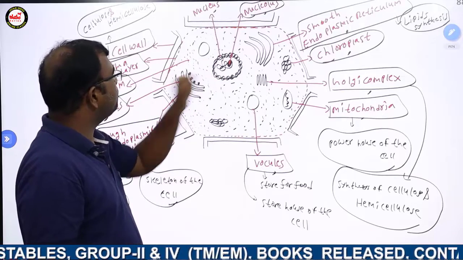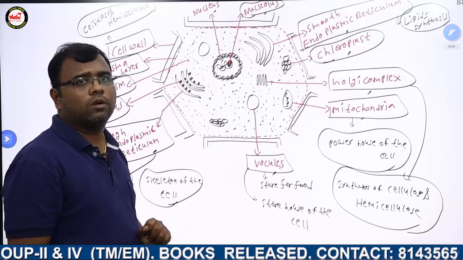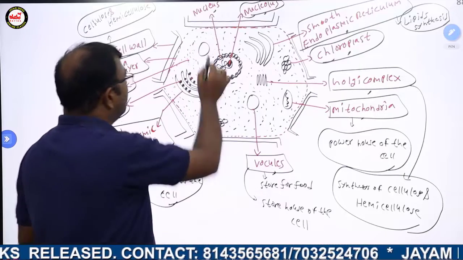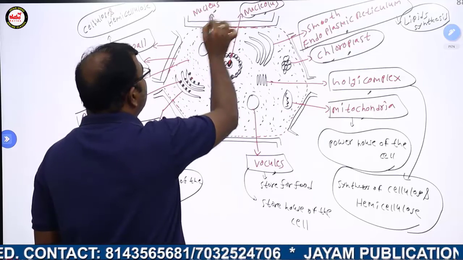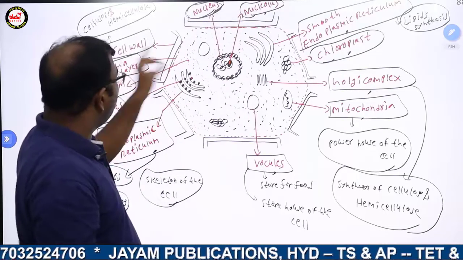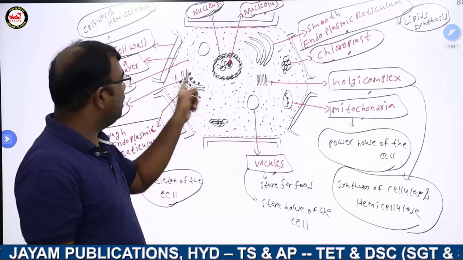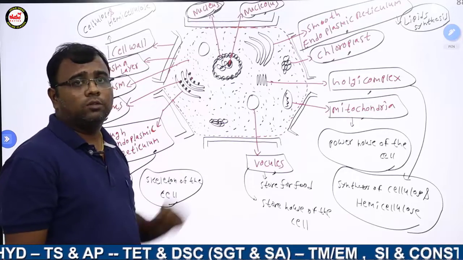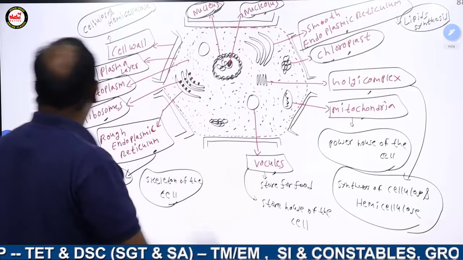It is a round shaped structure. The nucleus is discovered by Robert Brown.